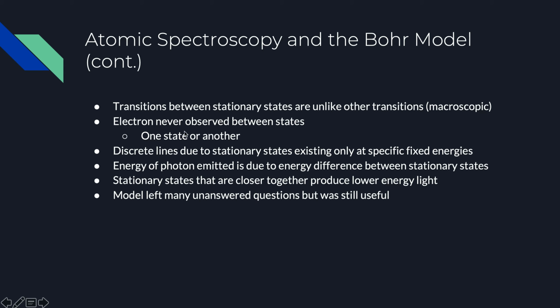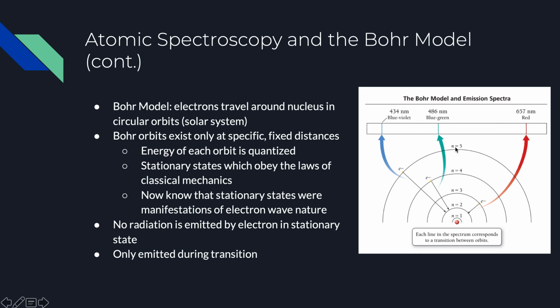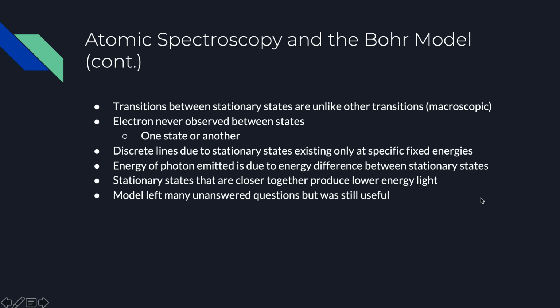The discrete lines produced on the emission spectra are due to the stationary states only existing at specific fixed energies, quantized in terms of integers as we went over before. The energy of the photon emitted is due to the energy difference between stationary states, and stationary states that are closer together will produce lower energy light.